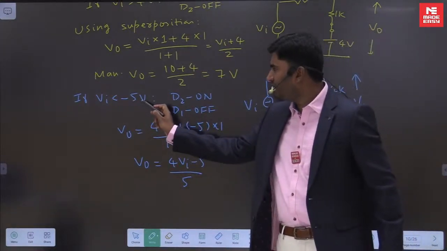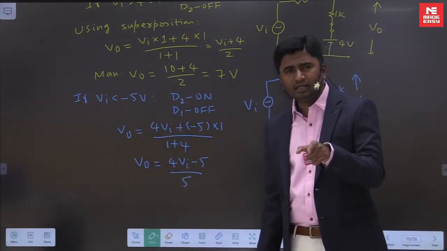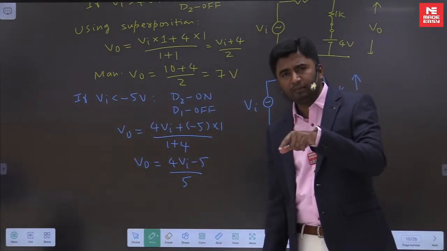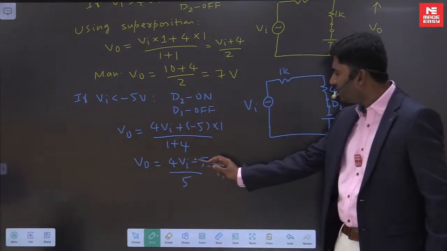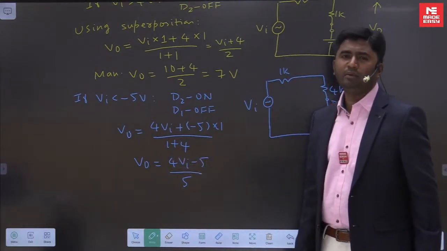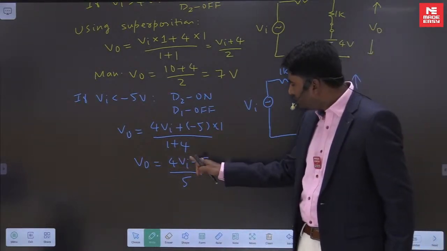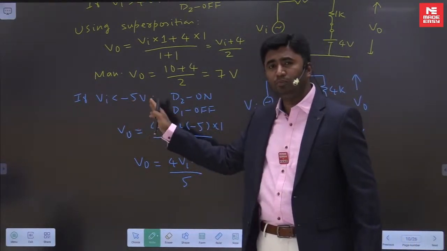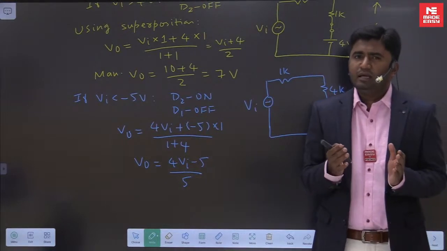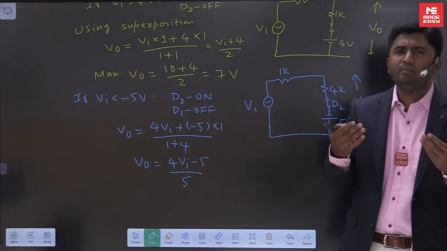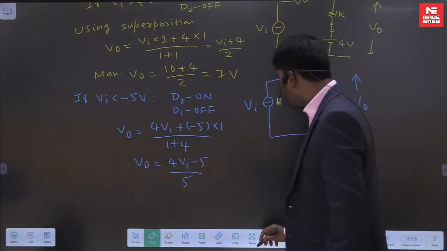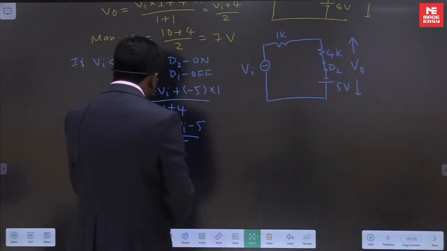Input less than -5 means input can become -6, -7, -8, -9, -10. When input becomes -10, output will become minimum. So you put Vi equal to -10 here, and you will get the minimum output.